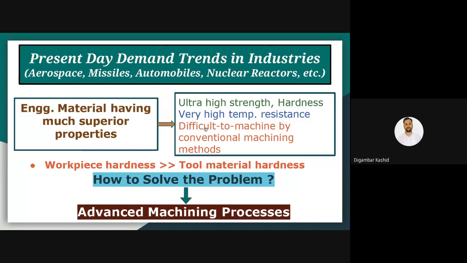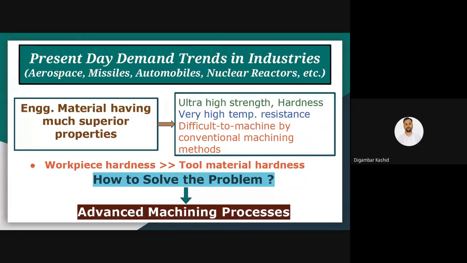These are the superior properties of engineering materials, and the present day demand trend is that we maximally use engineering materials having such properties. I repeat, metal should have ultra high strength, very high hardness, and very high temperature resistance, because such properties are requirements of certain components.